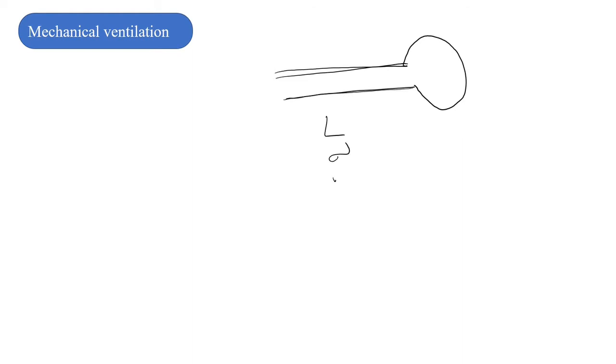Before discussing the recommended ventilatory strategies in ARDS, let's revise some basic concepts. If there is a representation of the airways and the lung, the flow of air in this airway depends upon the length of the airway, the viscosity of the air, the radius of the airway, and the pressure gradient.